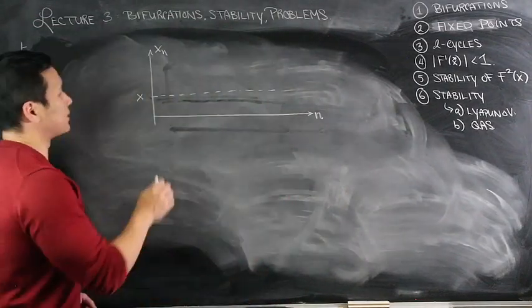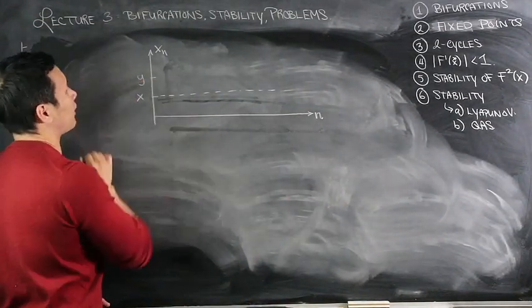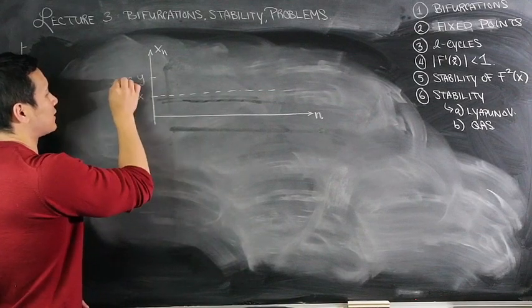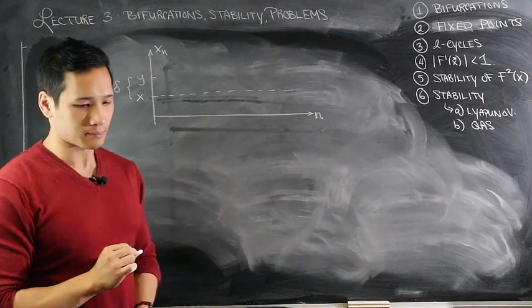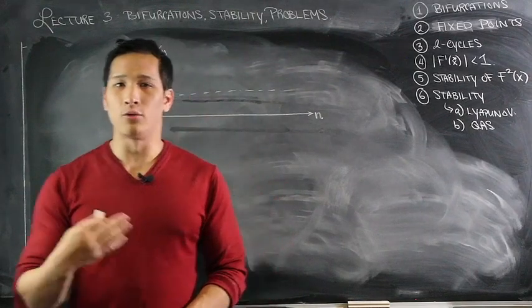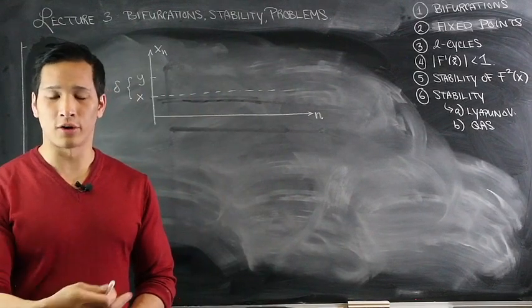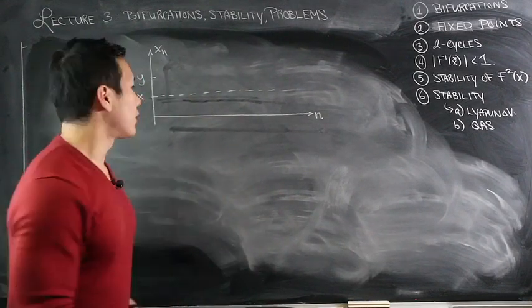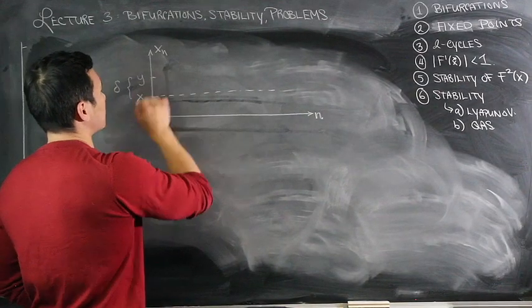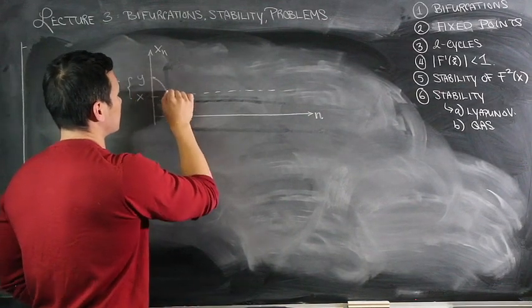But what might happen is that I start at a point y, which is very, very close, a distance delta away from x. Okay? And you run your code, you run your dynamical system forwards, and what might happen is that the system then looks like this.